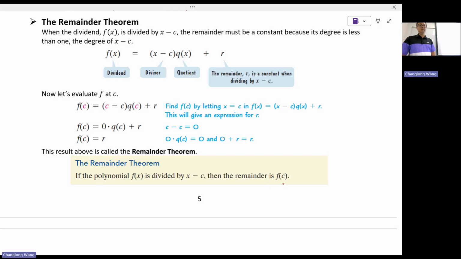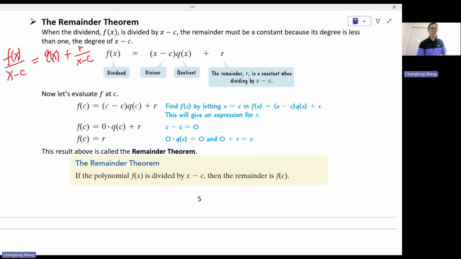The reason behind it is surprisingly simple. They already told you how to get started. We know if you divide the polynomial by a factor x minus c, what you should get is a polynomial as quotient plus some kind of remainder over the divisor.